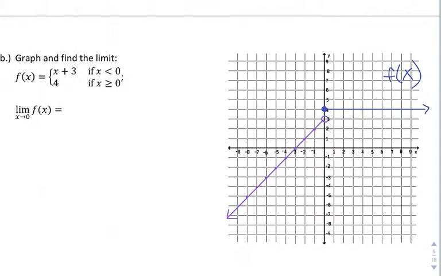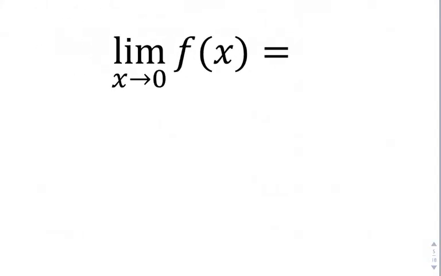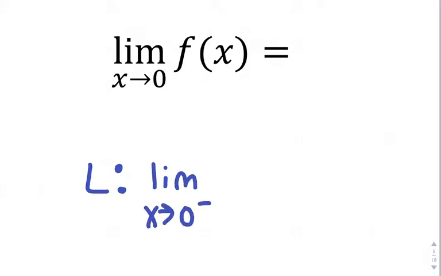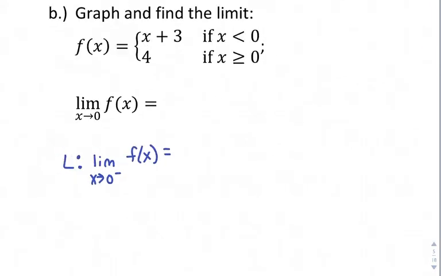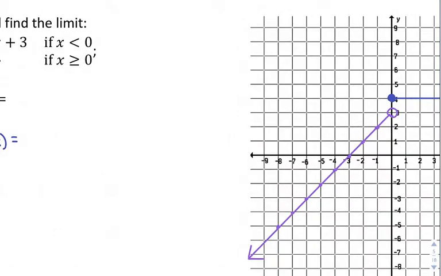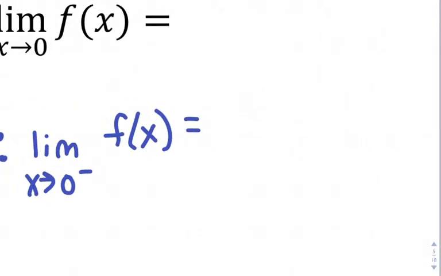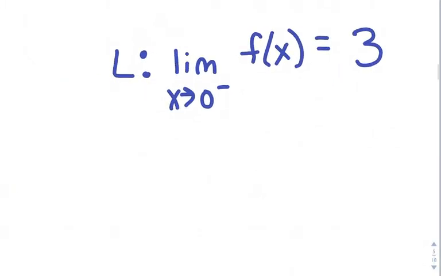Now we're going to look at the limit. So what you have to do is you have to look at from the left side and the right side. So left side, we're going to do limit as x approaches 0 from the left side of f of x. And now we're going to look at our graph as it approaches 0 would be this line here. So as it goes to 0, I notice it gets closer and closer to 3.